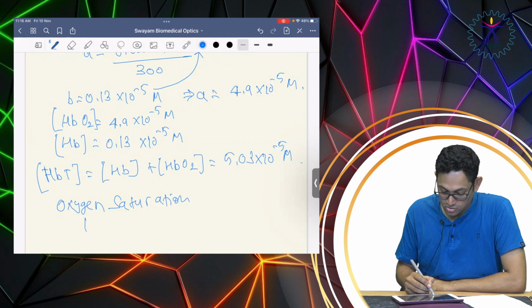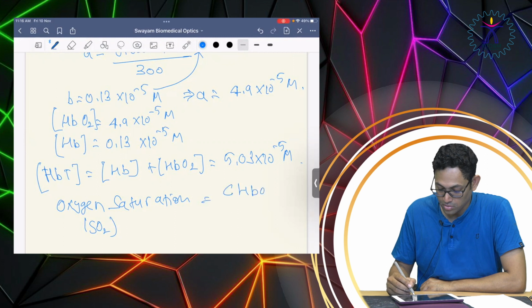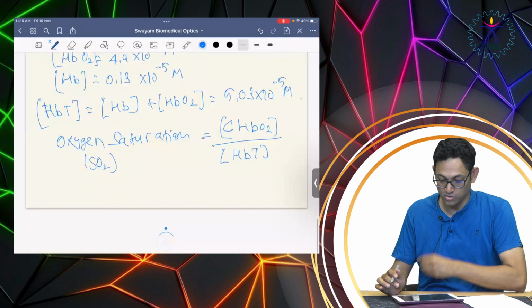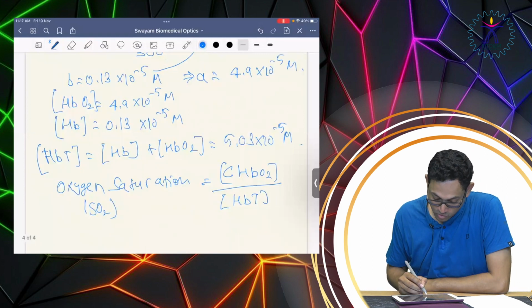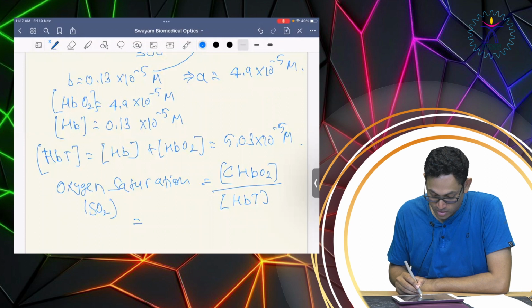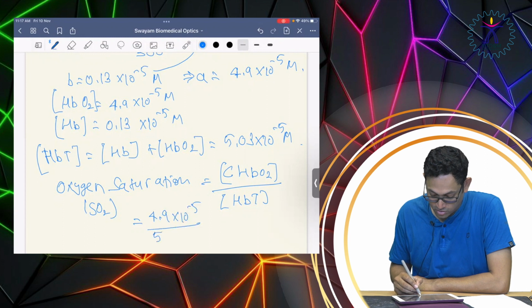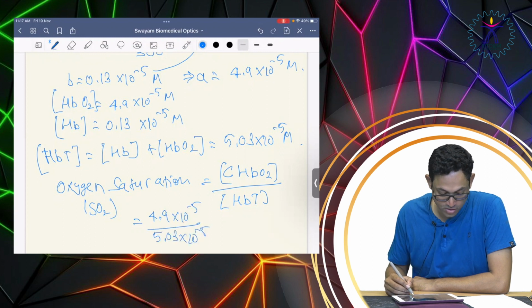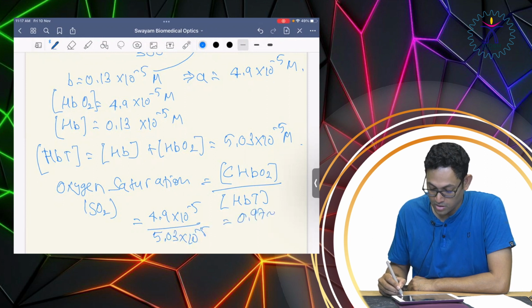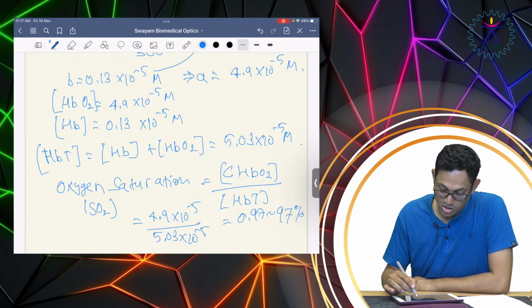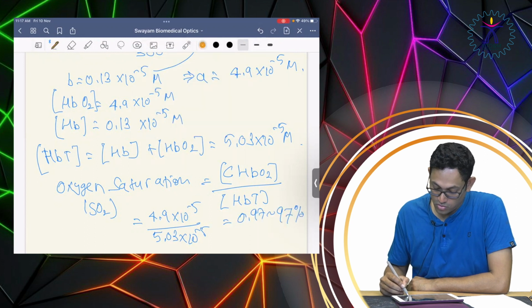Now, oxygen saturation, SO2, is the concentration of HbO2 over the total concentration of hemoglobin. If you substitute 4.9 times 10 power minus 5 divided by 5.03 times 10 power minus 5 molars, you get approximately 0.97, or about 97%.